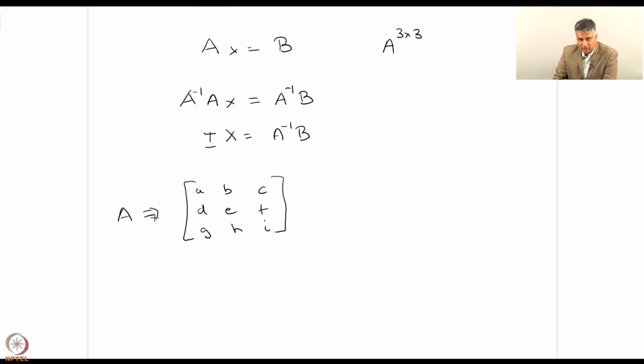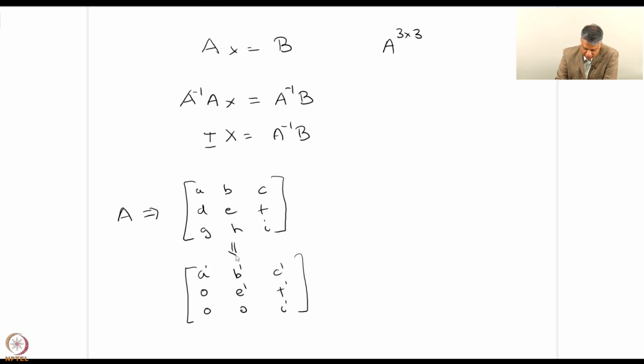Towards computing the inverse of A, I will first transform it into an upper triangular matrix. Let's call the diagonal entries E', F', and I'.